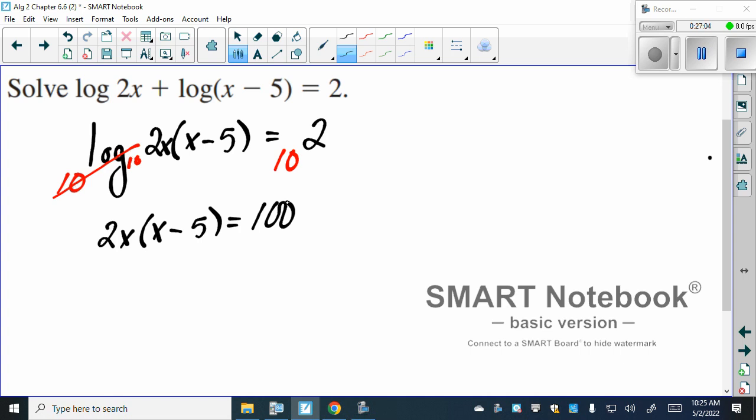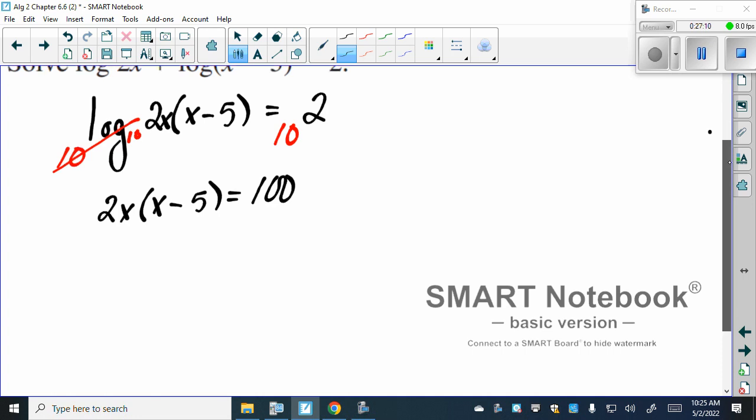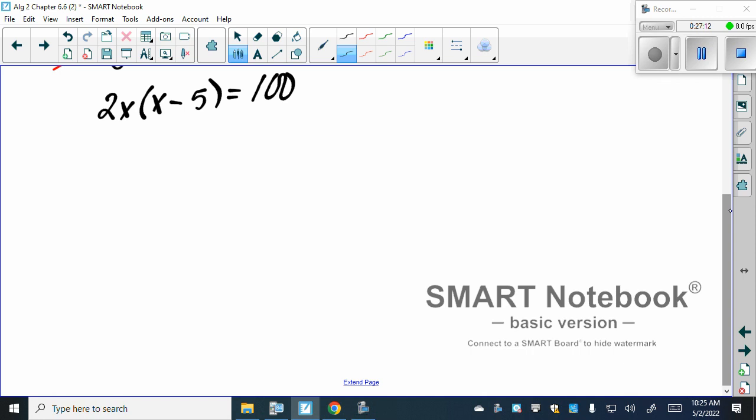So now we just need to solve this here. On the left-hand side, it's going to be good to multiply those together. 2x times x is going to be 2x squared, minus 2x times negative 5 is negative 10x equals 100.